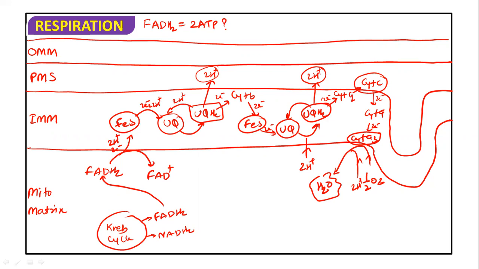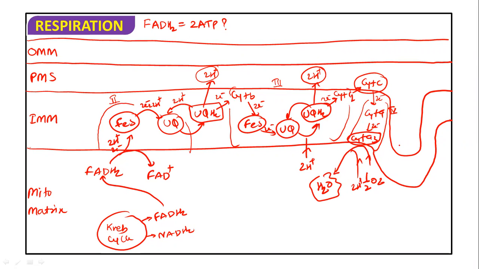Like this, due to the breakdown of FADH2, the electrons are ultimately transferred to the terminal electron acceptor, that is half O2, and water is synthesized. In this electron transport, complex 2 is involved. Then cytochrome B C1, that is complex 3, is involved, and cytochrome A3, that is complex 4, is involved.